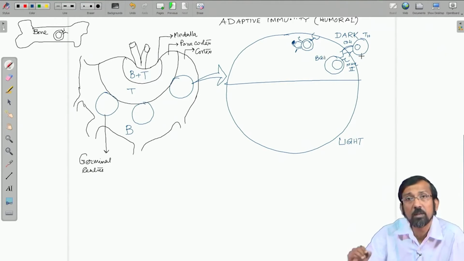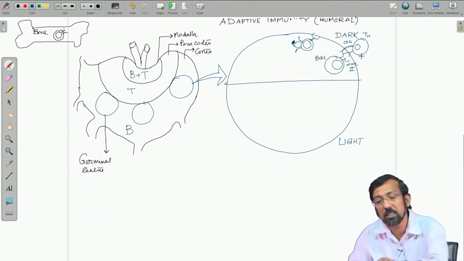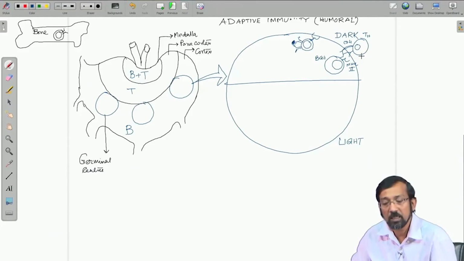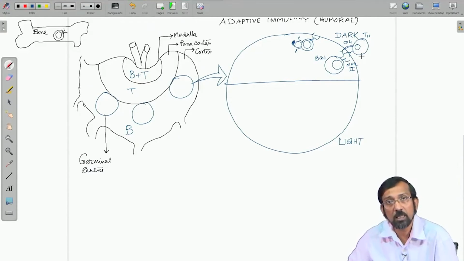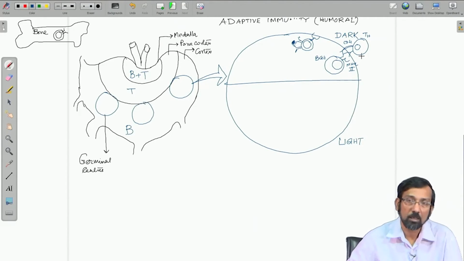Let us look into this interaction more carefully, because this interaction is very vital. It is not just an MHC to the T cell receptor interaction, there are certain other co-stimulatory interactions that are also required.